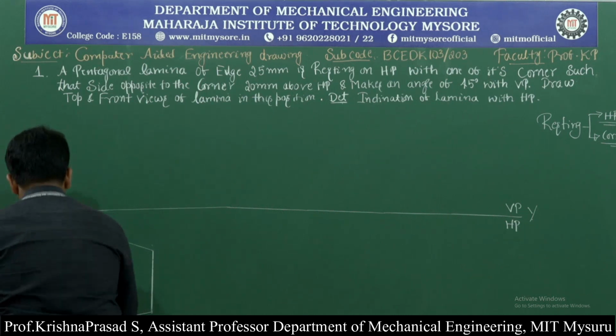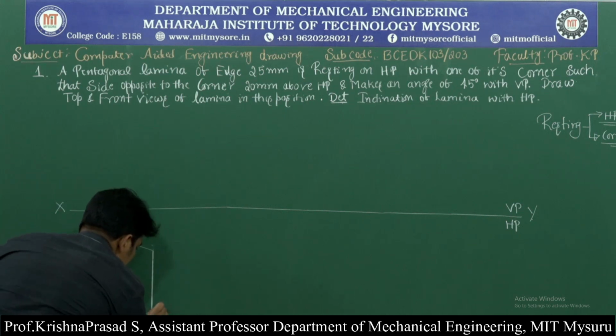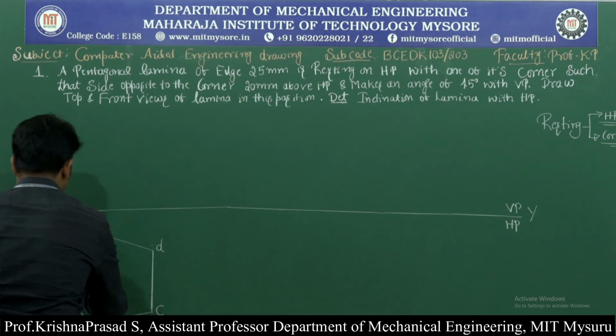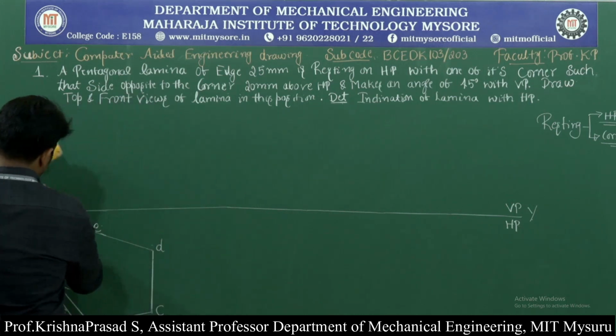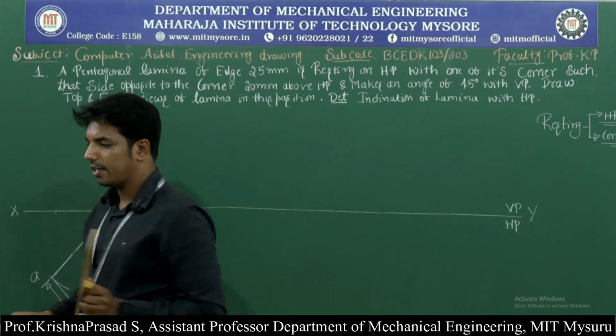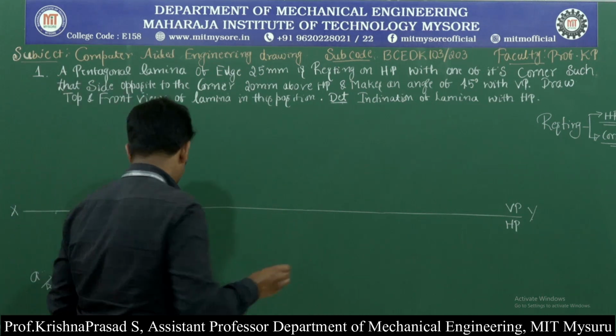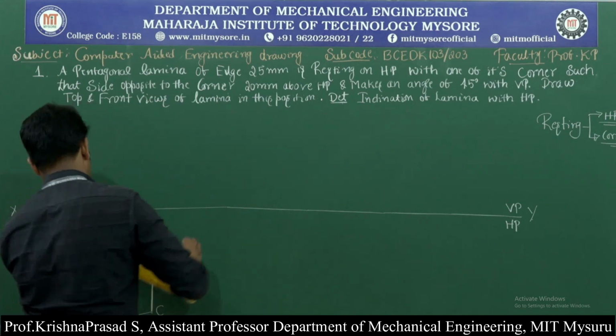After that, name the corners A, B, C, D and E. Then darken the complete pentagon with a colored chalk piece.